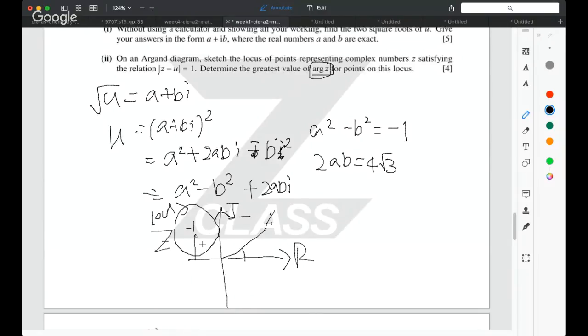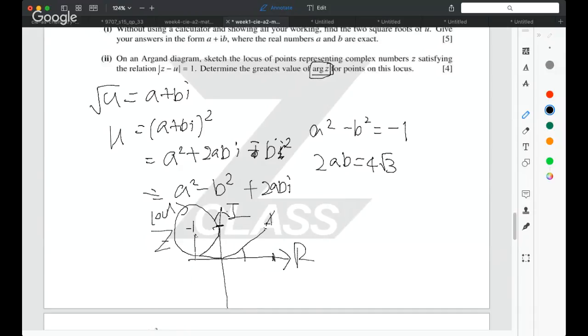How would you find it? You can write on the pad if you want. You can find this point and this point. Okay, so you think that point gives you the greatest. Why do you think that point gives the greatest?